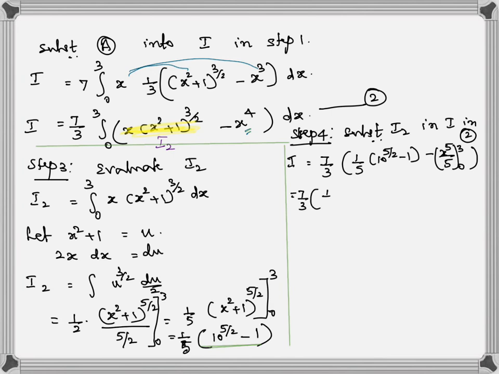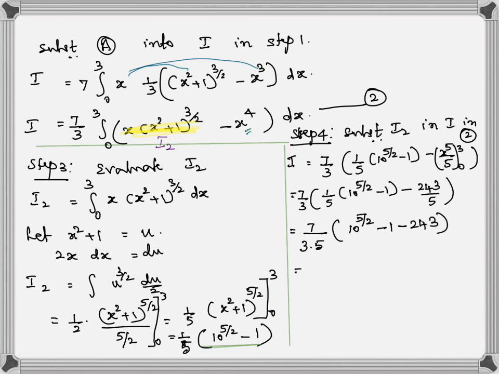So it is 7 over 3 times 1/5 (10 to the power 5 by 2 minus 1) minus, plug in 3 for x, that will become 3 to the power 5, which will be 243 over 5. Here 1/5 can be taken out, so it is 7 over 15 or 3 times 5, (10 to the power 5 by 2 minus 1 minus 243).